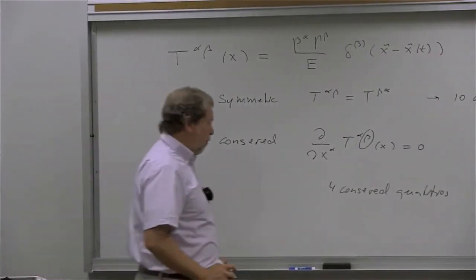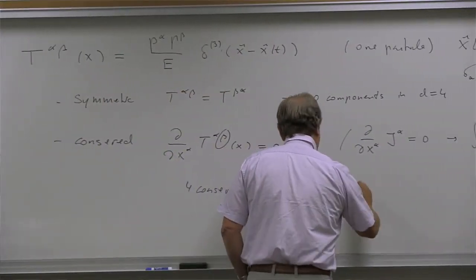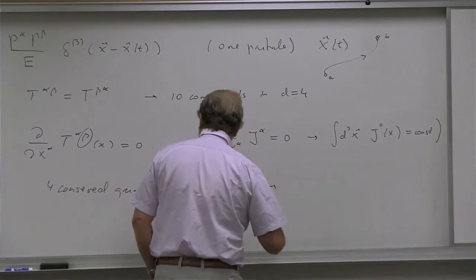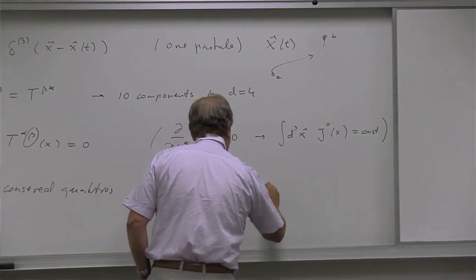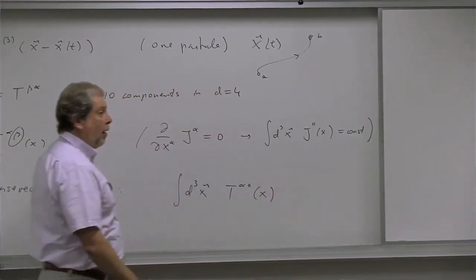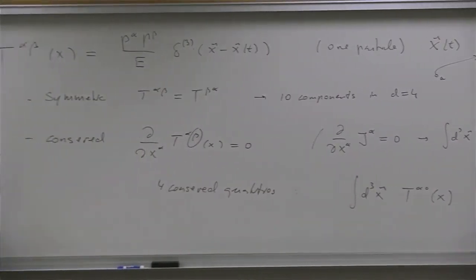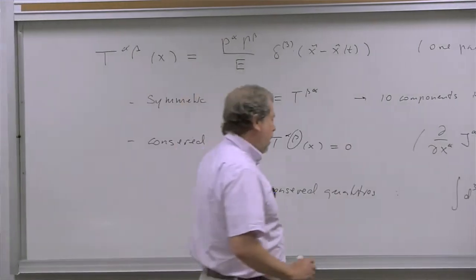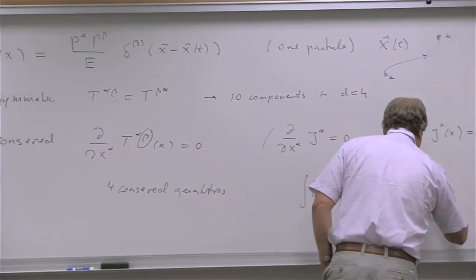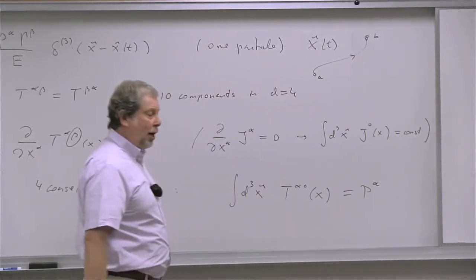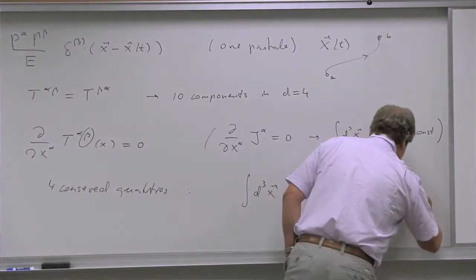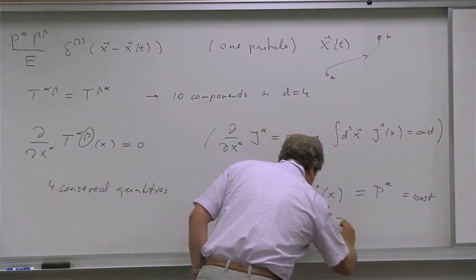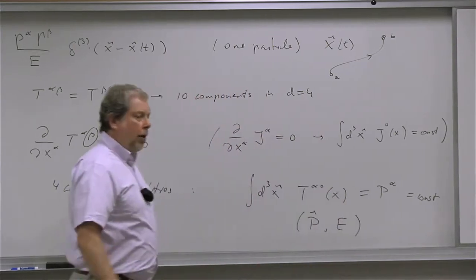Here we have 4 of them, and so these are the quantities that you get by integrating in d3x of T alpha 0 of x. When you take the naught component of the T alpha beta, then you're still left with 4 components. And so this is the total energy and momentum, P alpha. So that is constant, right? And so we have the P and we have the E, right?